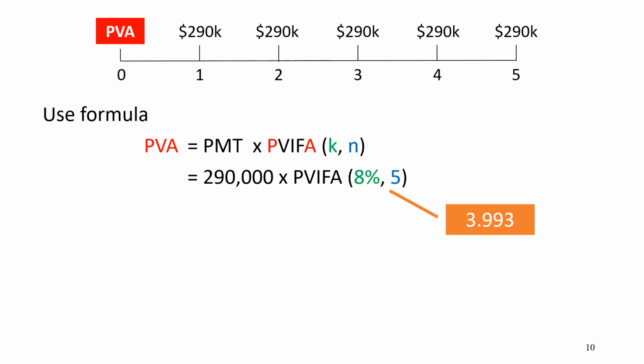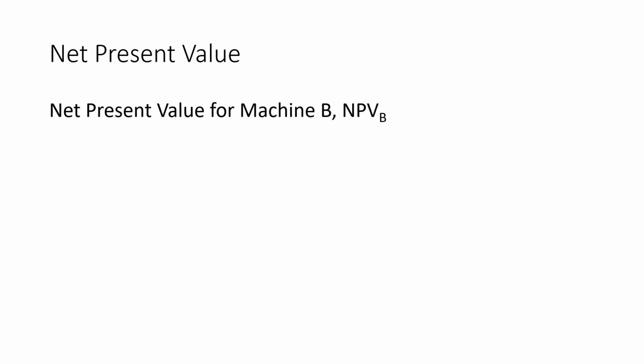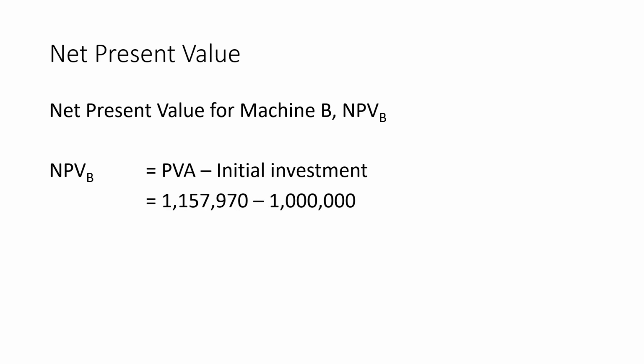Substitute the figures in, and you get the PVA. Let's find the net present value for machine B. NPV B equals PVA minus initial investment. Substitute the figures in, and this is the NPV.